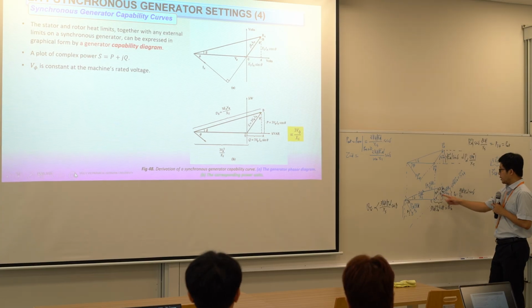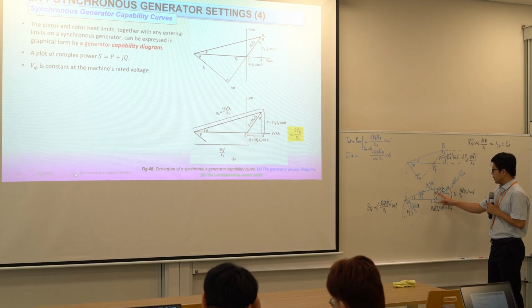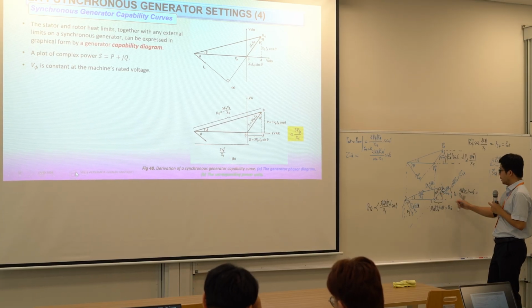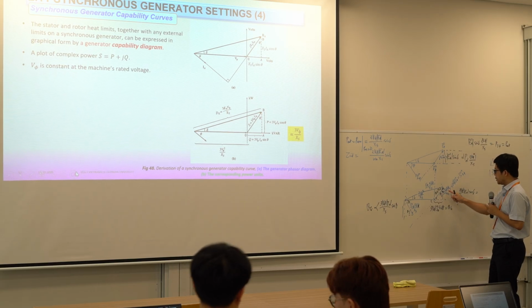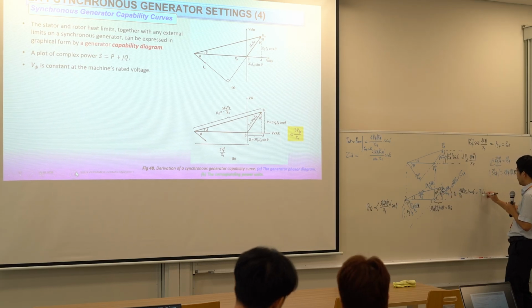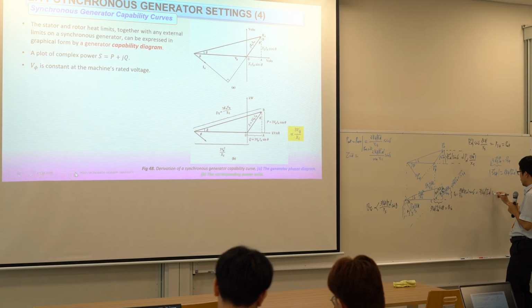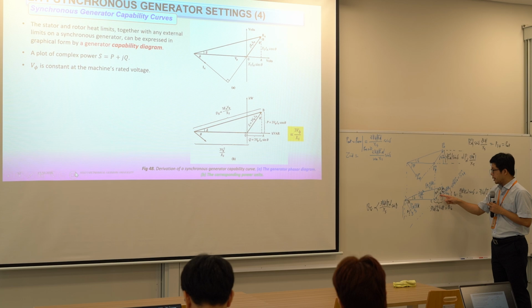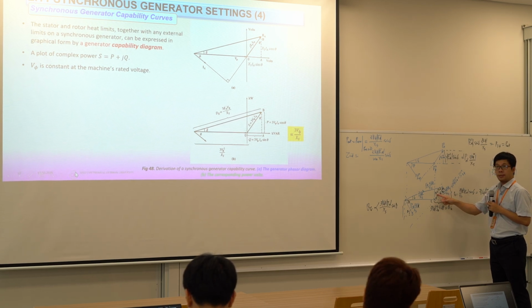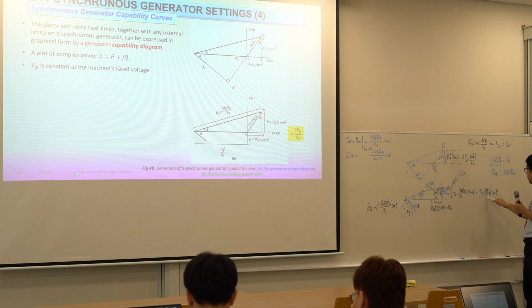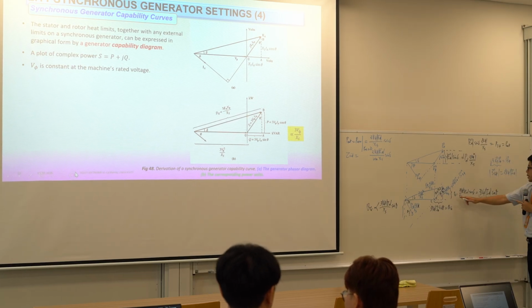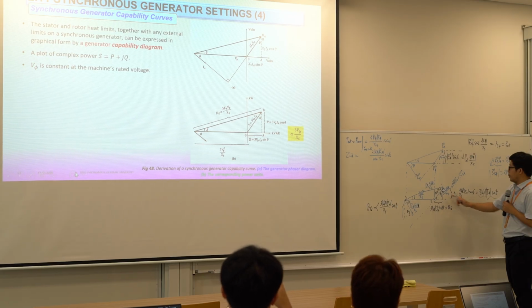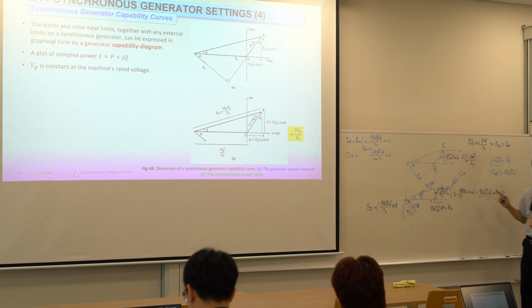Or this one becomes what? If we consider theta, this segment is also 3V phase IA cosine theta. Do you read me? Cosine. This segment over this segment. So we have two ways. We calculate the power with the phase angle theta, or the power with the phase angle of delta.